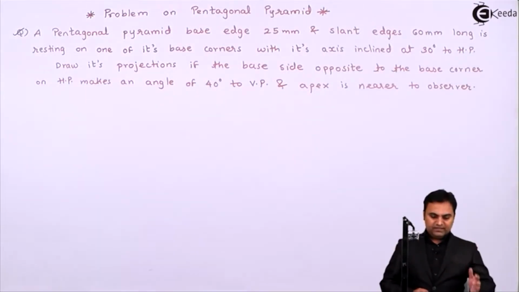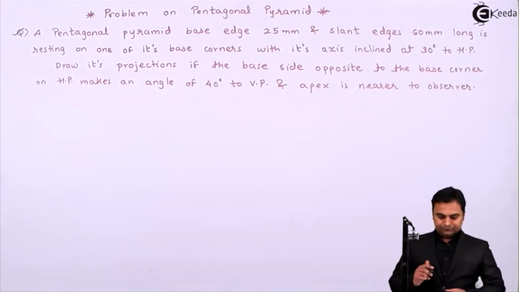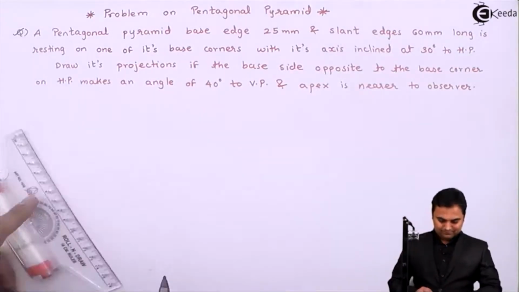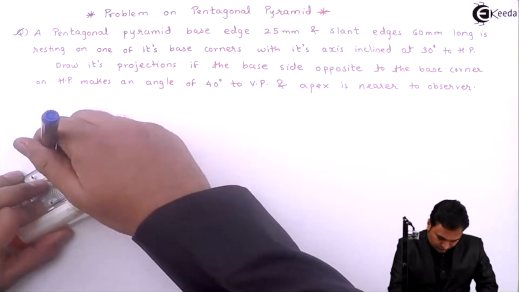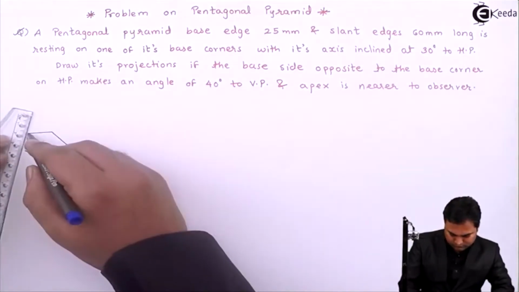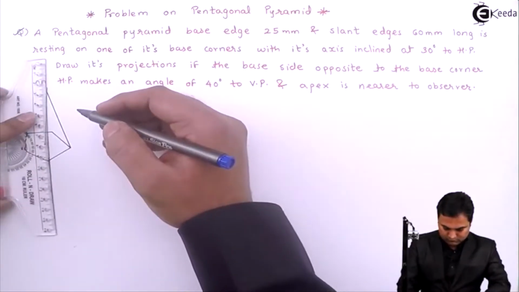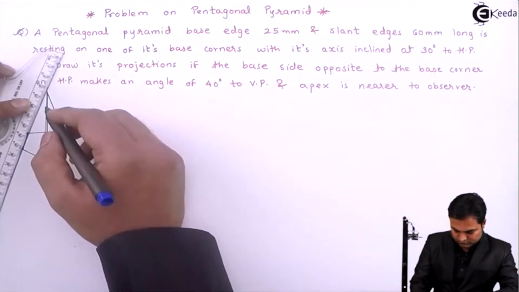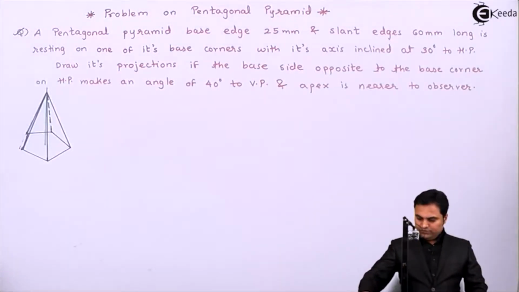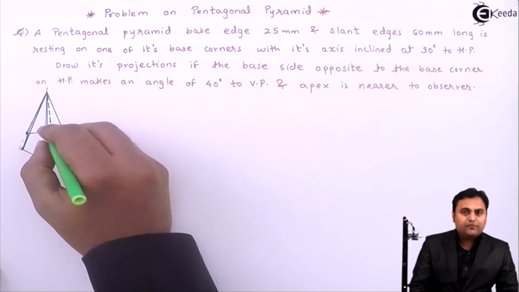First of all, just by reading the question we can say that the type of solid is a pentagonal pyramid. So I'll draw the diagram for that and explain the initial conditions. So here we have a pentagonal pyramid in which the base is in the shape of a pentagon.